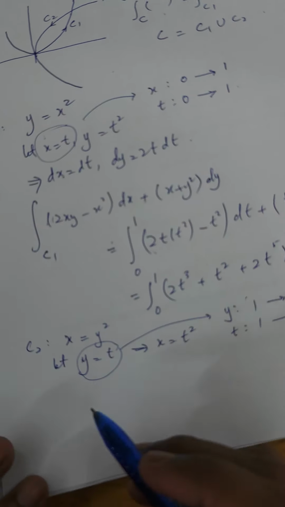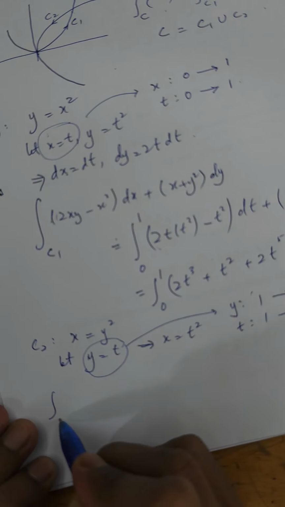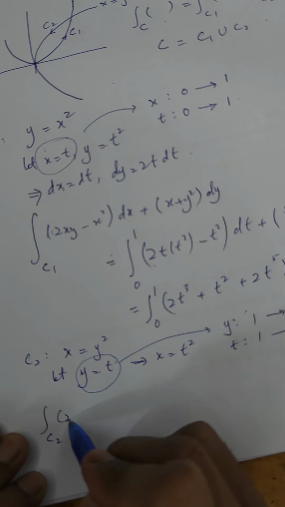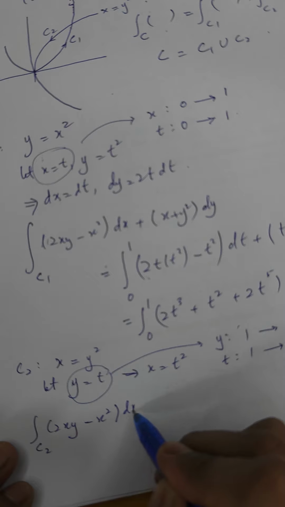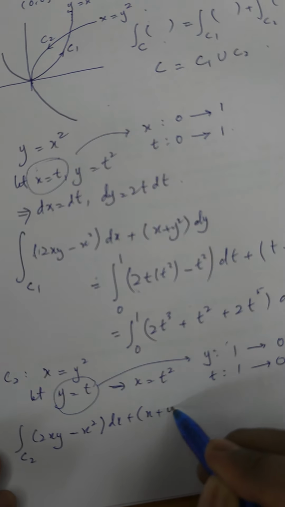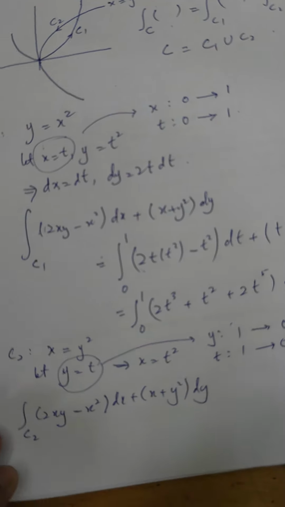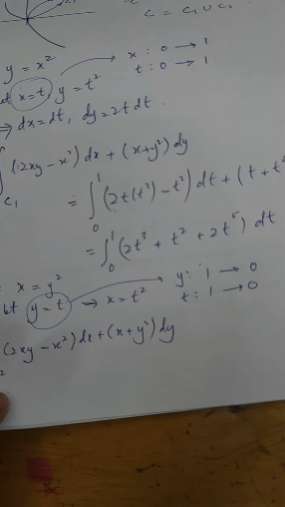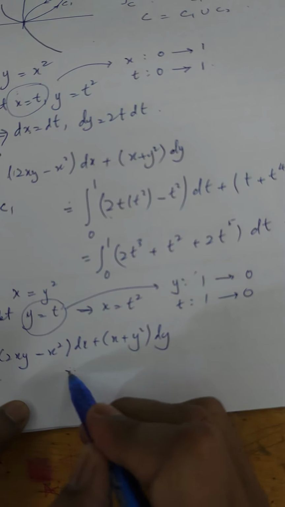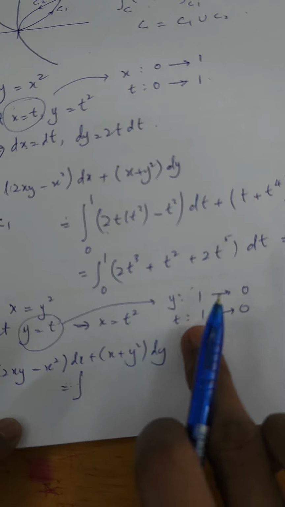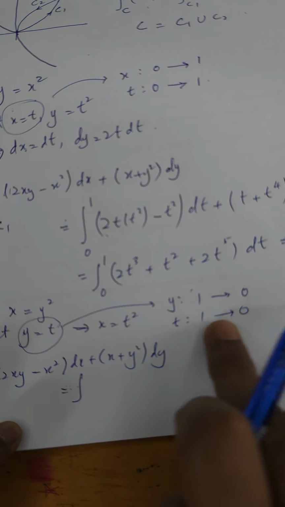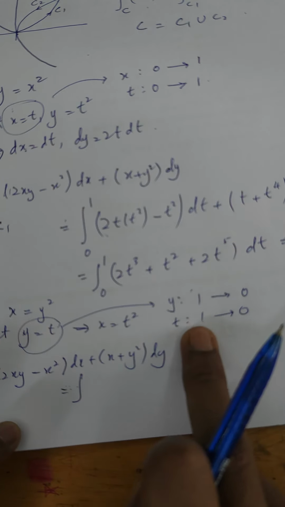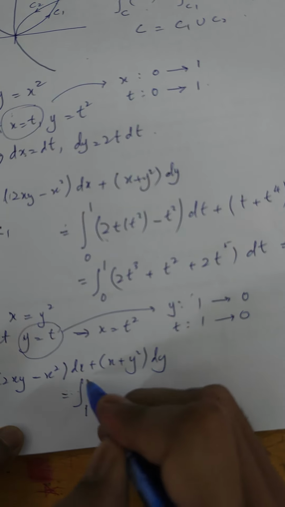Therefore our integral along C2 for 2xy minus x squared dx plus x plus y squared dy, gives you, well, we integrate t from 1 to 0. Not from small to big, but from where to where. So now from 1 to 0.